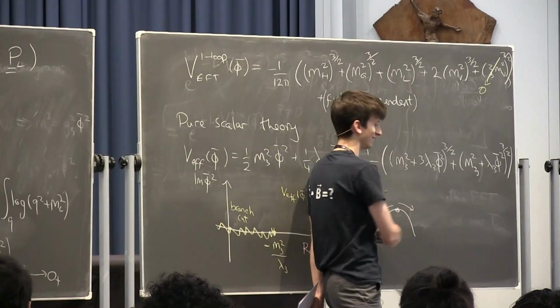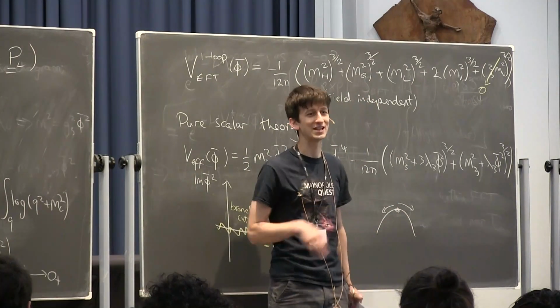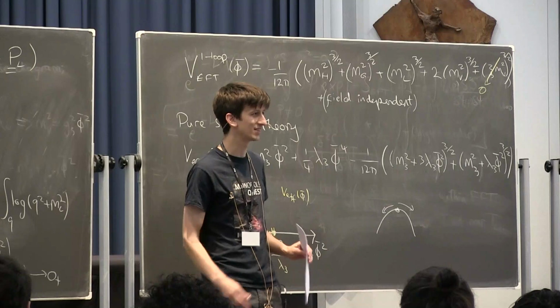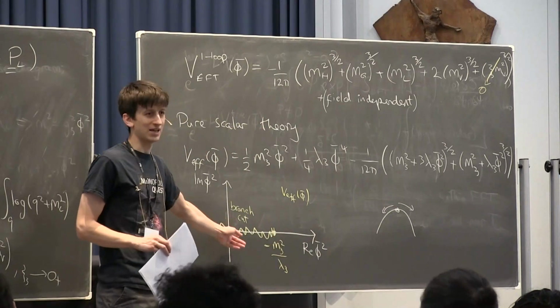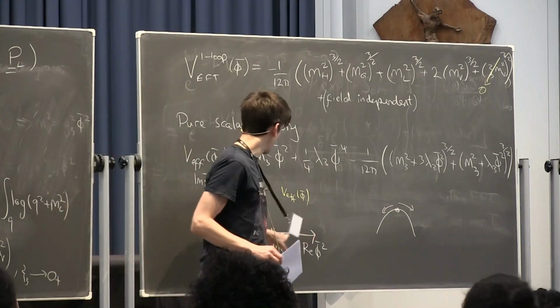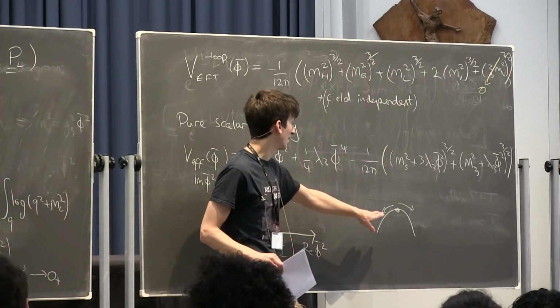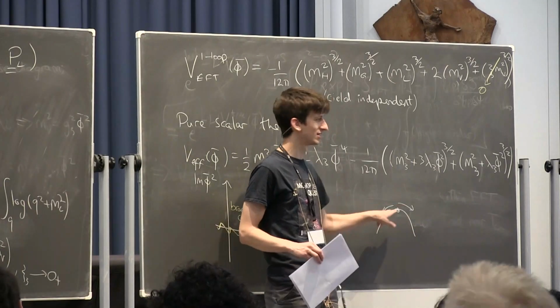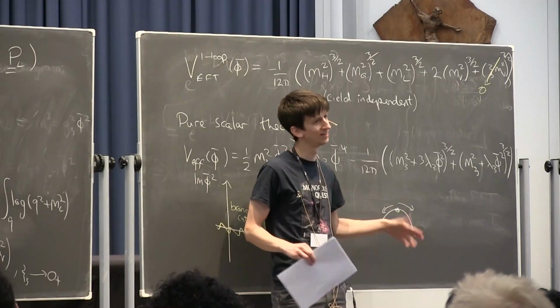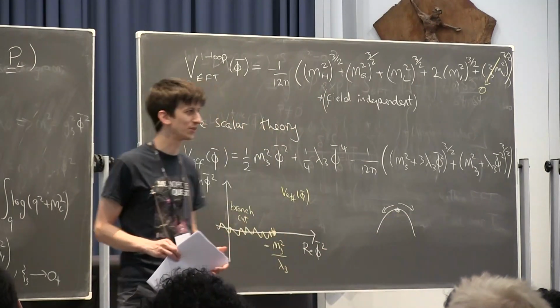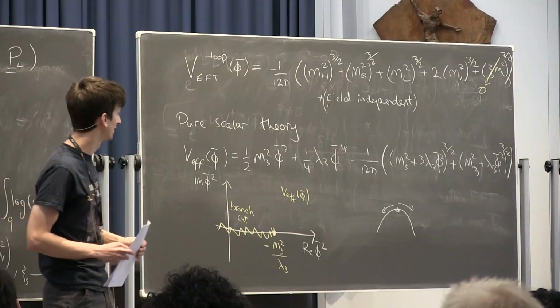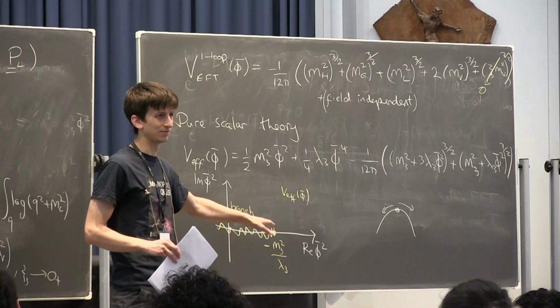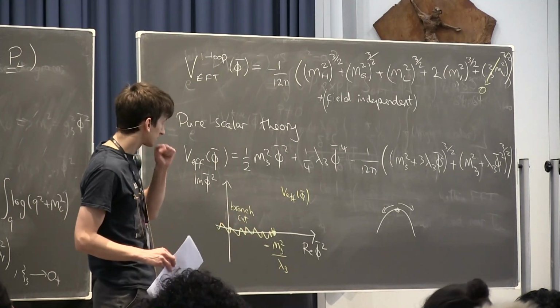I'll find that I don't get small fluctuations, and I won't get a sensible answer. And that's exactly what's happening here. When I'm on this branch cut, I'm asking for fluctuations which do this, small fluctuations around the top of the hill. And you just don't have small fluctuations around the top of the hill. You have big fluctuations around the top of the hill, and that's why it all breaks down. So I'm asking the wrong question.